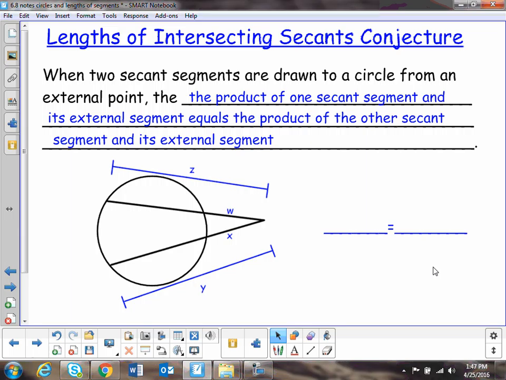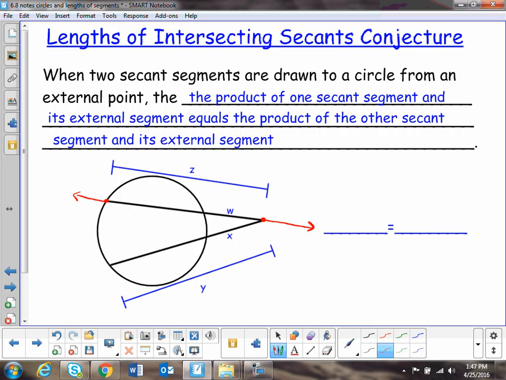Basically this one involves a secant segment. Y'all know secants to be lines. So here's the line, remember it goes on forever and ever. Well, the secant segment only consists from that point to that point. That's a secant segment.